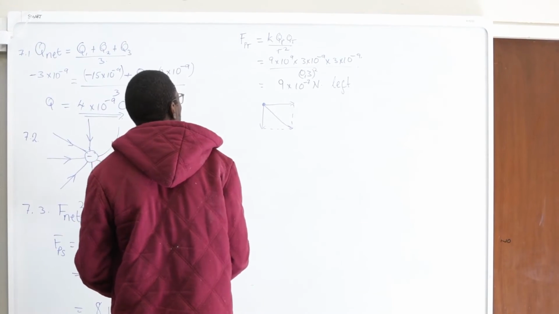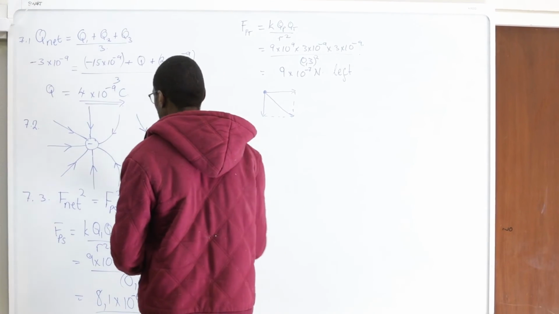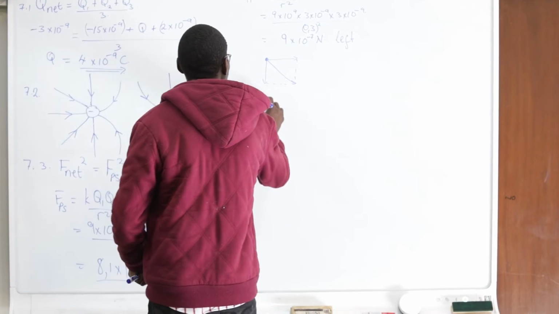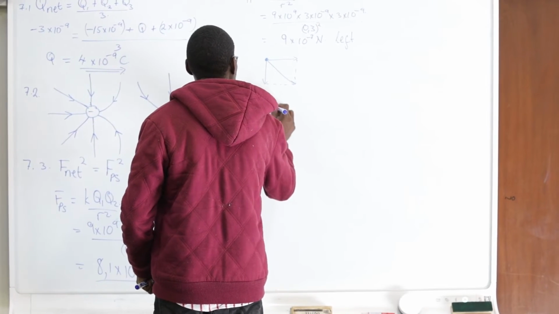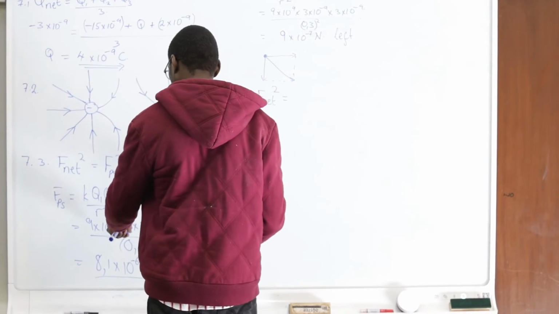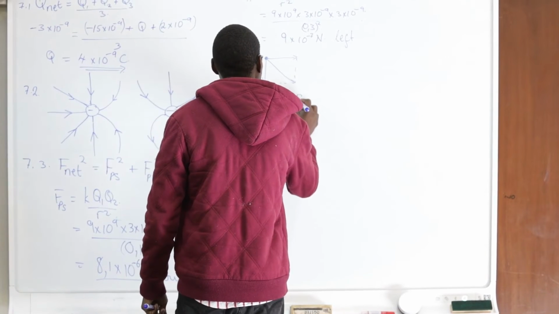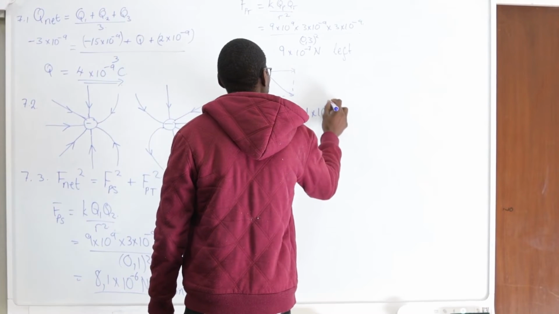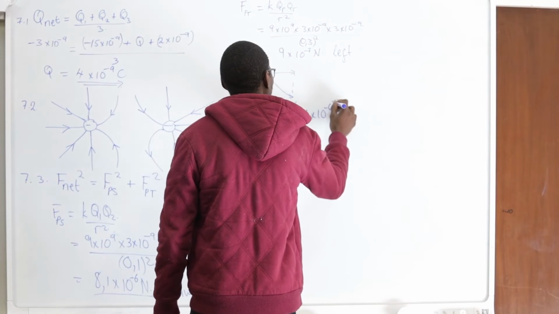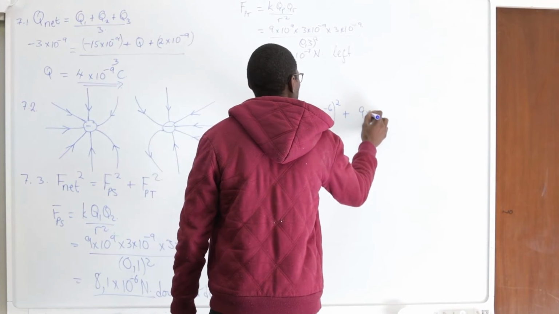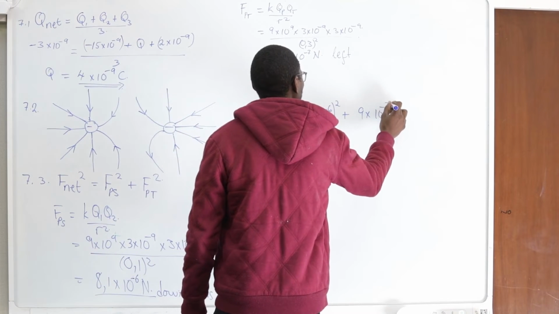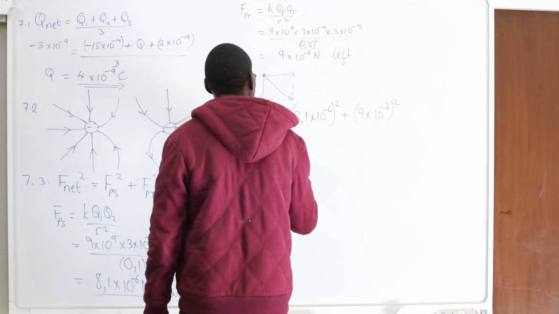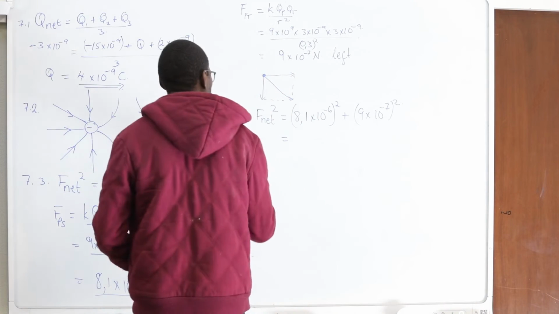And this resultant can be found, as we said, by F net squared. So F net squared is equal to 8.1 times 10 to the power negative 6 all squared plus 9 times 10 to the power negative 7 all squared, and our F net is the square root of that.